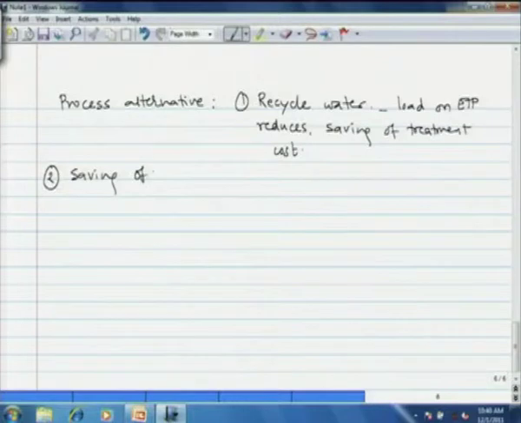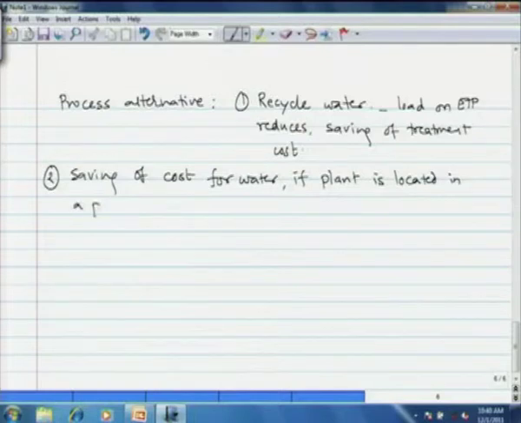So, saving of cost for water, if the plant is located in a place where water is scarce. Okay. So, these are the advantages for recycling water.